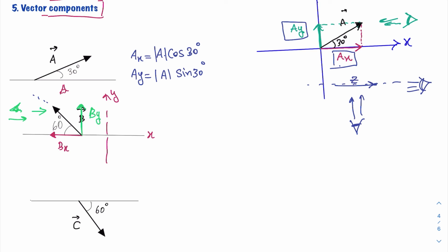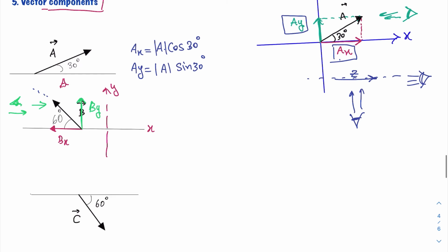Then again, how to calculate it? Here I need to take into account the direction of the vectors, because we have already agreed on the frame of reference. That means all vectors heading right are positive, all vectors heading left are negative.